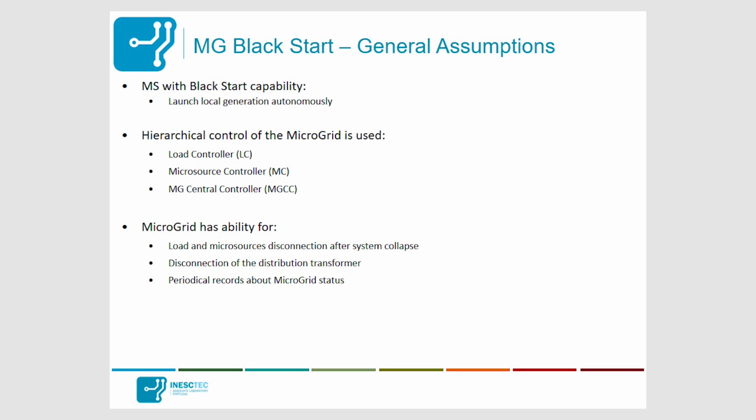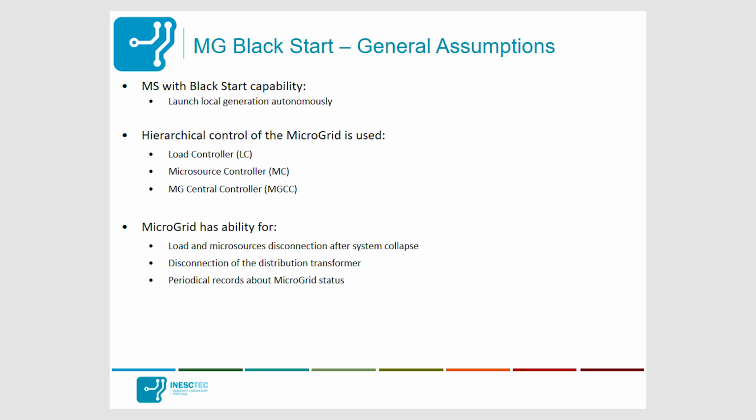Otherwise, if they stay connected to the grid, in the first moment when we start energizing the network, the frequency immediately drops because there is a big load demanding power from this local generation unit, and it is not capable of supplying it. So it is necessary that these loads be disconnected from the grid, as well as microsources.